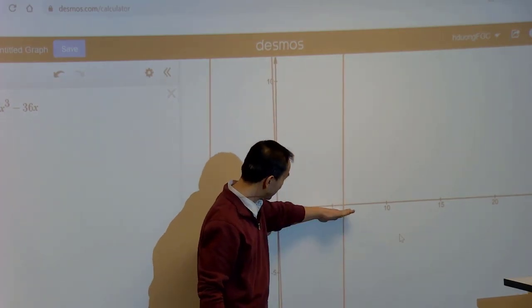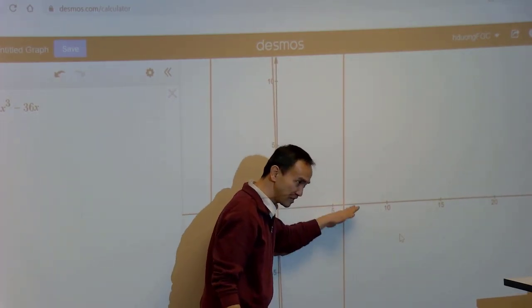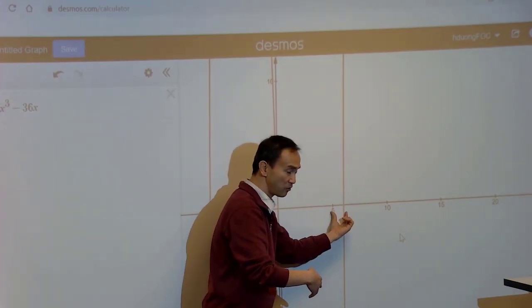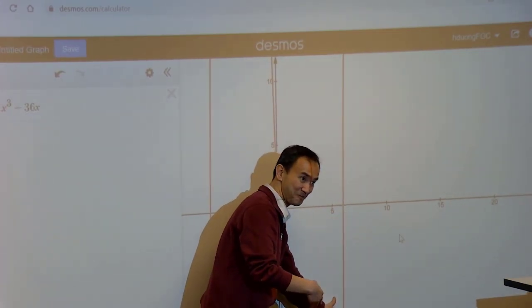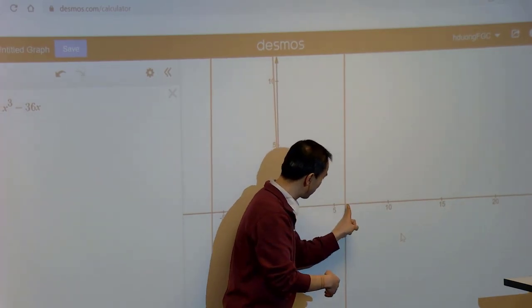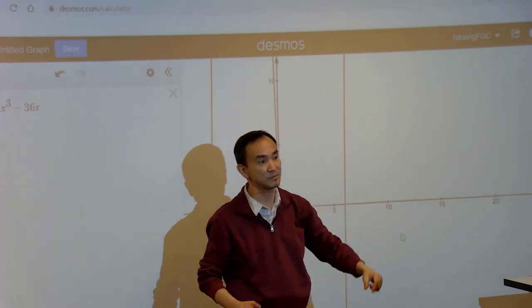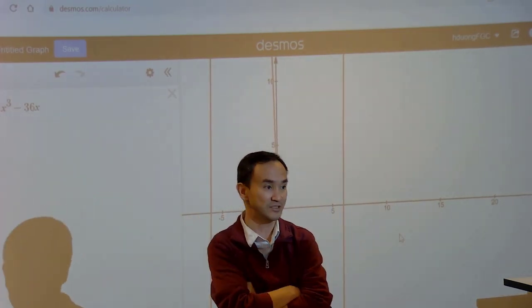That means that the function becomes negative in some interval between 5 and 9. There's some interval that the function stays negative. You guys follow it? And then there's some other interval from whatever that breaking point is to 9. The function stays positive above the x-axis, above the t-axis.